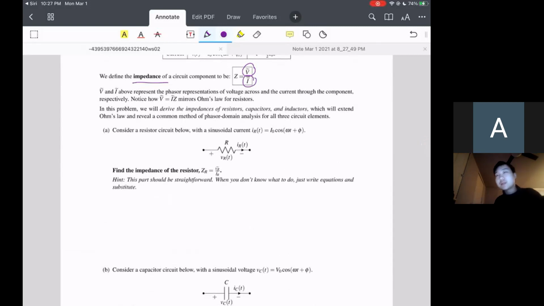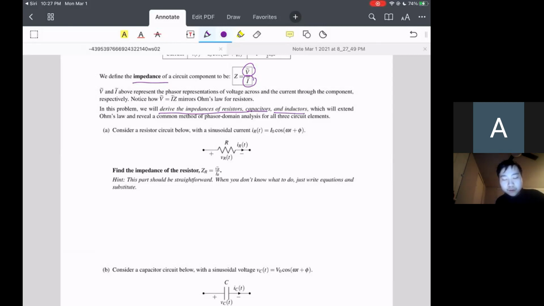As long as all the components are on the same frequency, you can do phasors anywhere. So in this question, we want to derive the impedances of resistors, capacitors, and inductors, which will extend Ohm's law and reveal a common method of phasor domain analysis for all three circuit components.